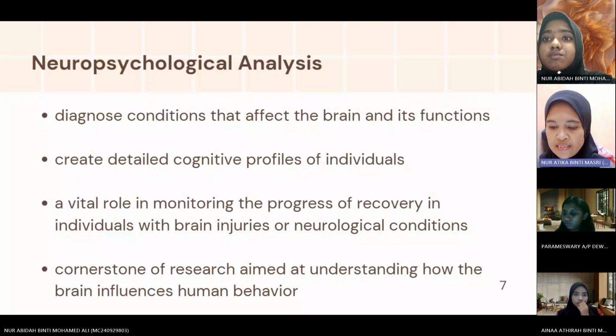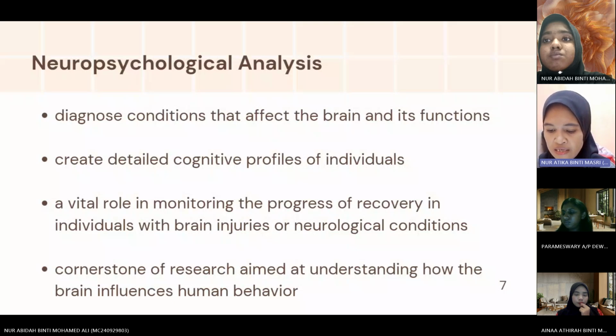Neuropsychological analysis is a cornerstone of research aimed at understanding how the brain influences human behavior. By studying individuals with specific brain injury or disorders, researchers can map brain behavior relationship and identify the role of different brain regions in cognition and emotion.